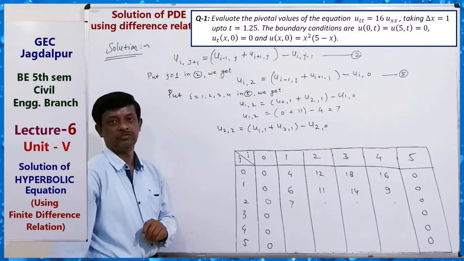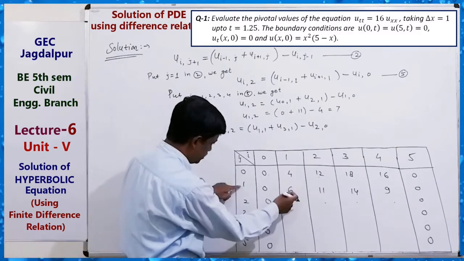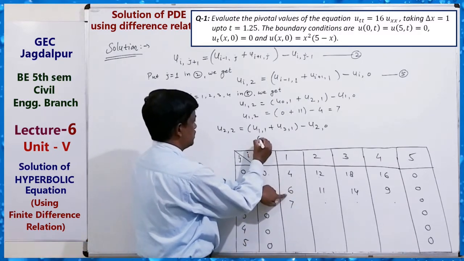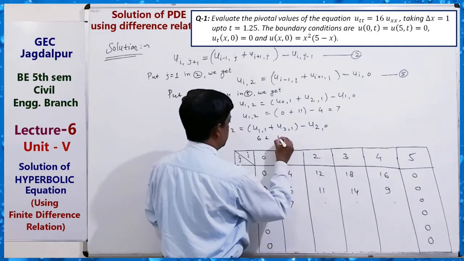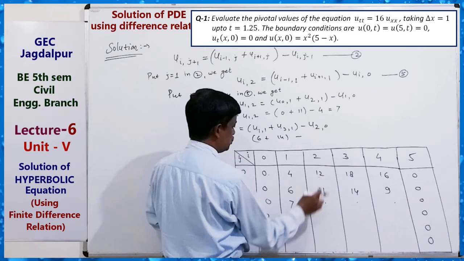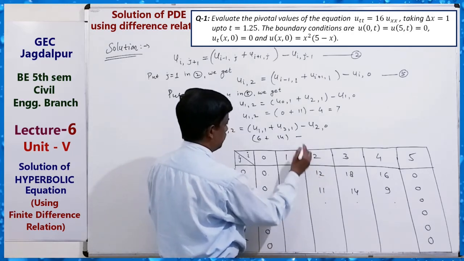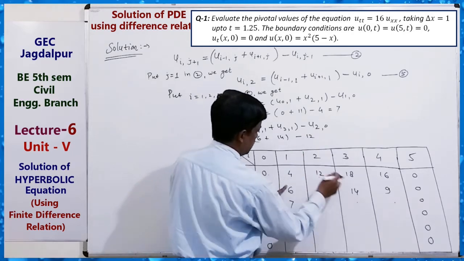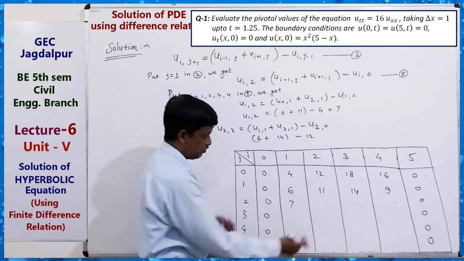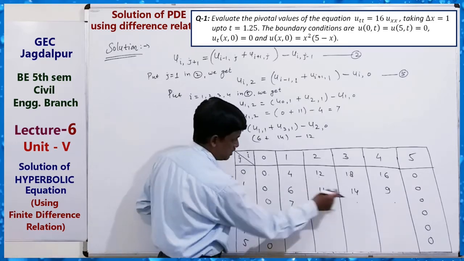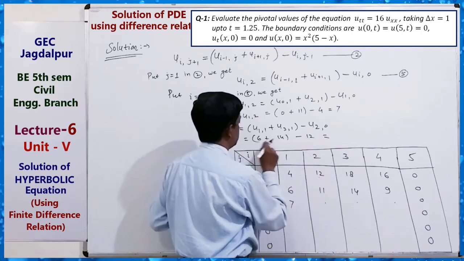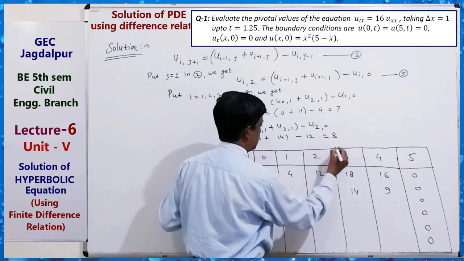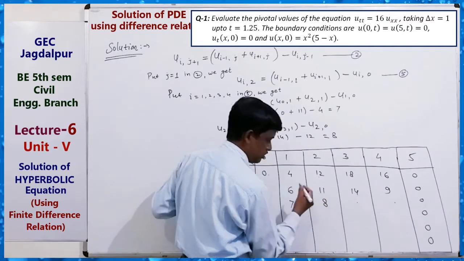Just put the values: u11 is 6, plus u31 which is 14, minus u20 which is 12. This plus this minus this. So this is equal to 20 minus 12, 8. So this is 8.